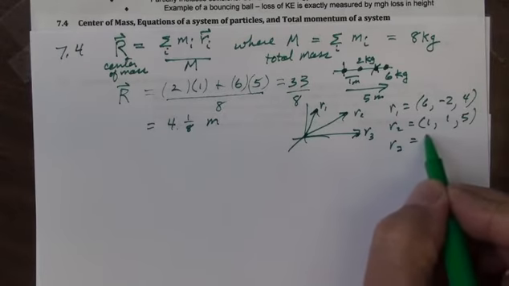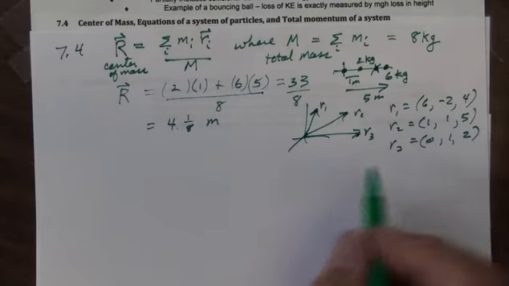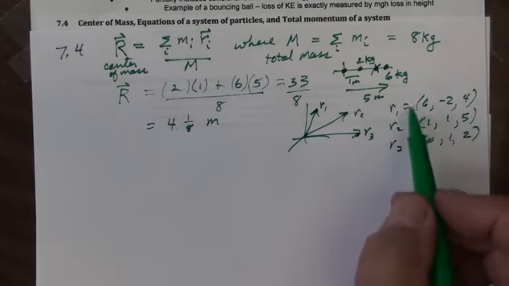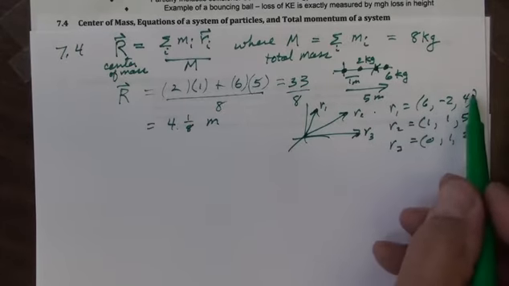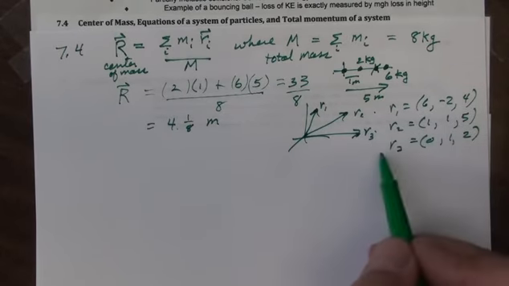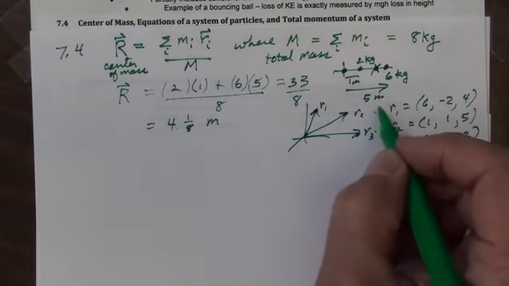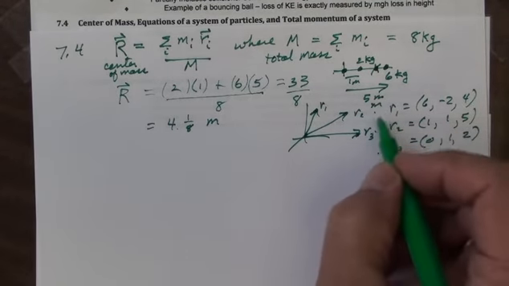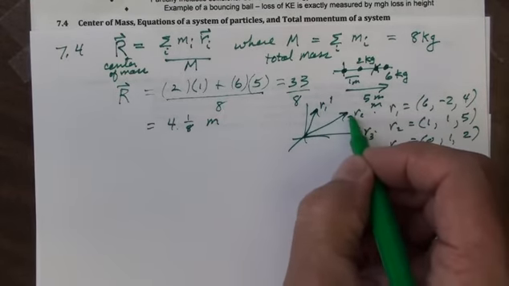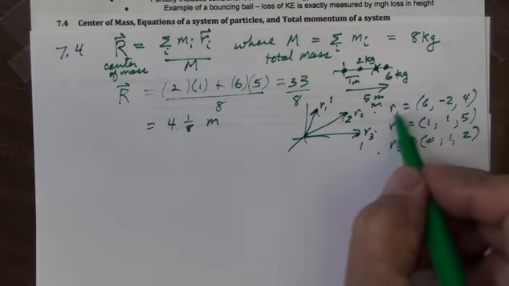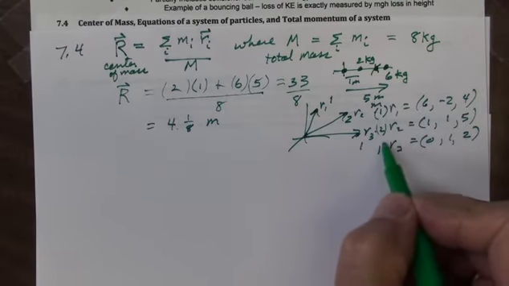R3 might be 0, 1, 2. If we knew what the masses were, we'd simply multiply the mass of each vector times each of its components and then add them up. Let's say the masses at these points are 1, 2, and 1.